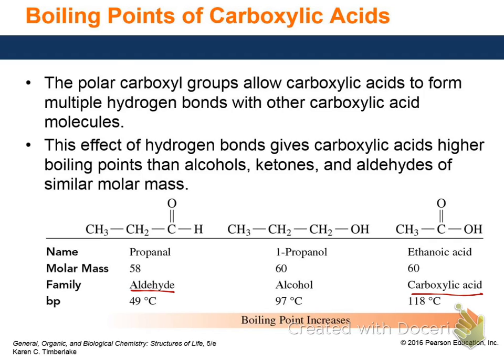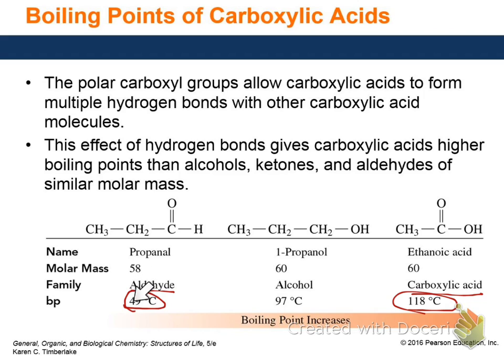Notice what happens to the boiling point. It goes from 49 all the way to 118, even though their molecular weights are about the same. So the high boiling point, even higher than an alcohol, has to do with these dimers that form. They hydrogen bond with each other twice. That increases their boiling point.